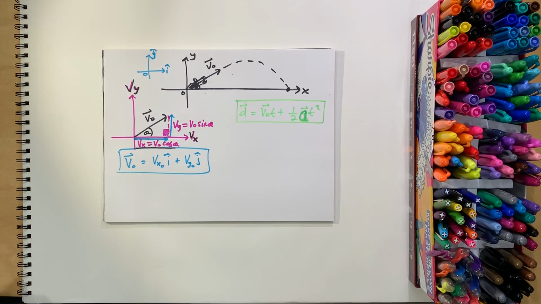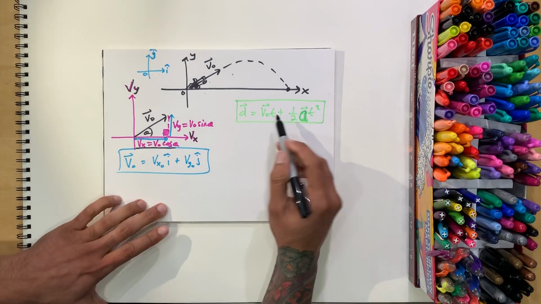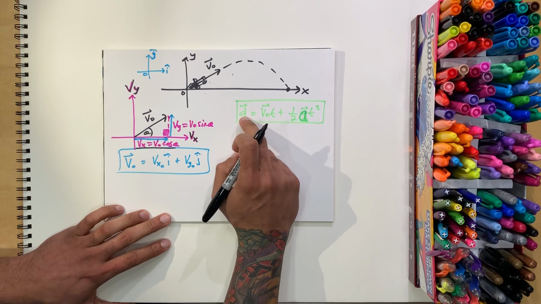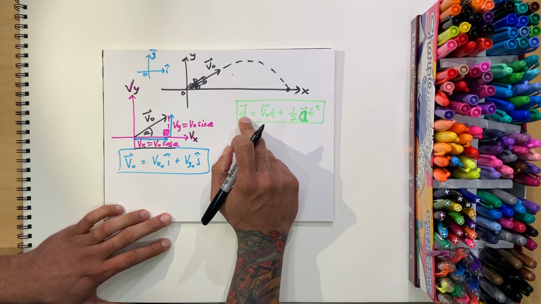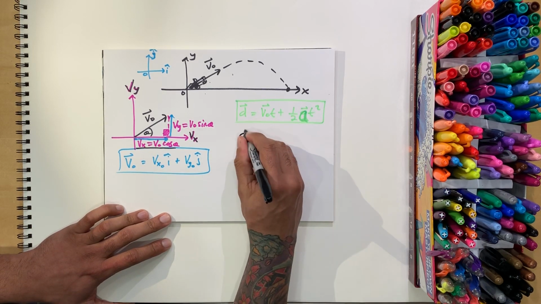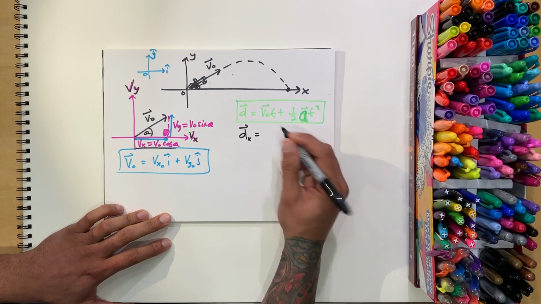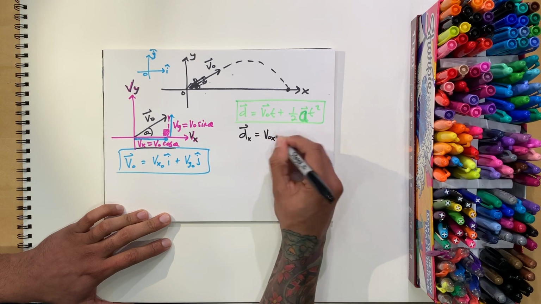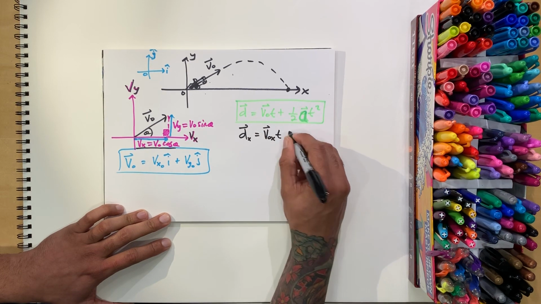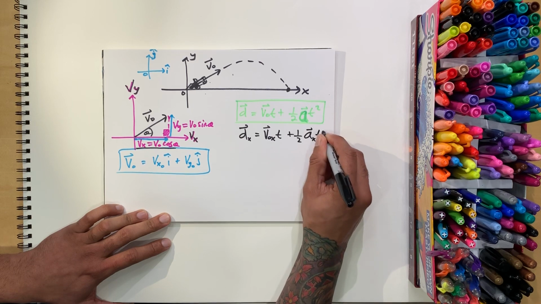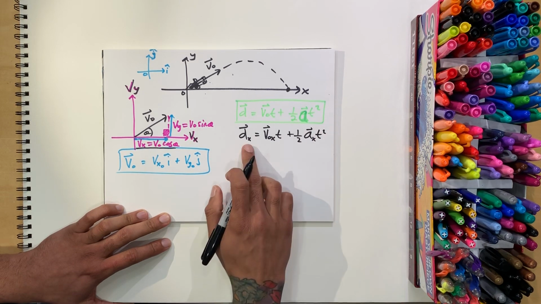Okay, so now what I mean by general is that this equation here, remember when it doesn't have a subscript, red flag should go off. It's not telling you the whole truth. And so I need displacement in the x, right? Which is velocity initial in the x times time plus 1/2 acceleration in the x times time squared, right?